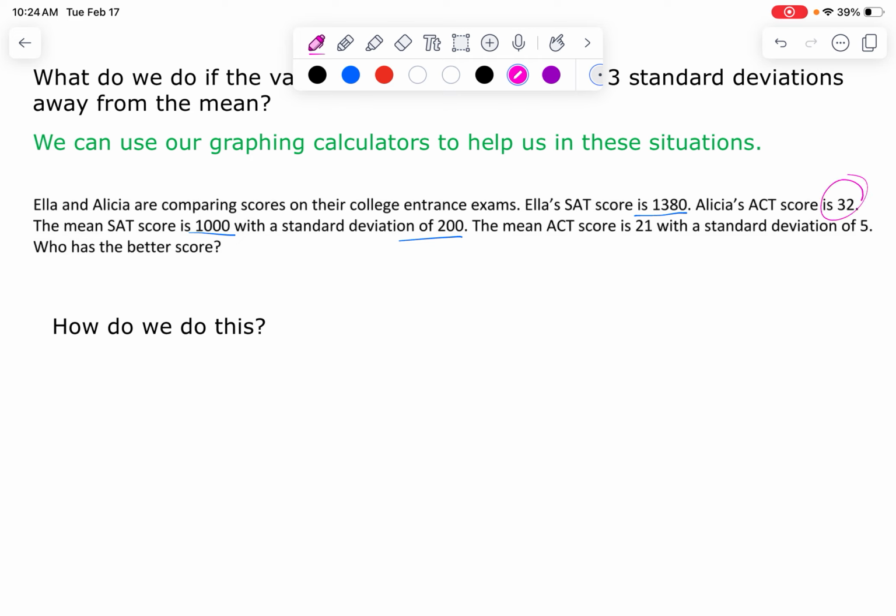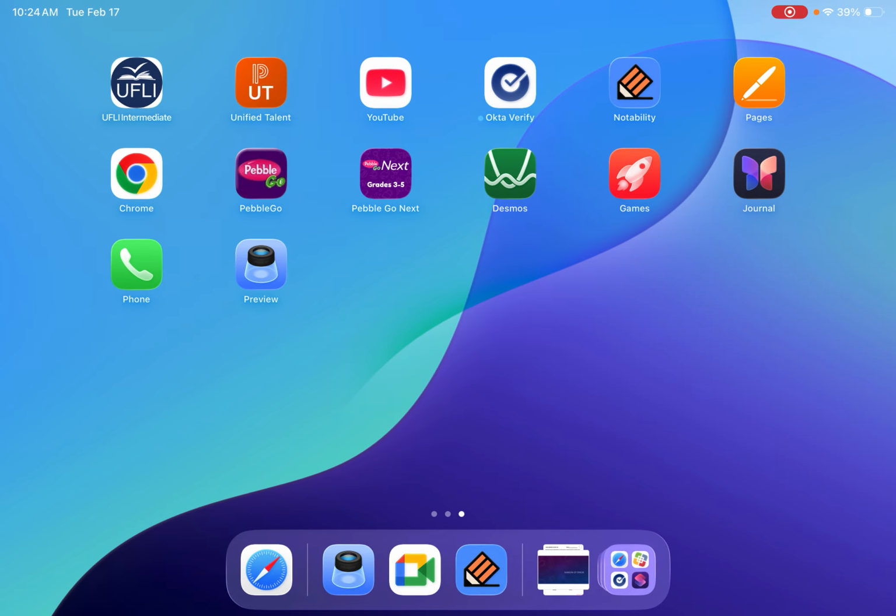For Alicia, we're going to do a 32 as the upper bound, and then the mean and standard deviation. Again, they don't give us a range. If they do, you can do that as your min, or your lower is what they call it, and your upper. But we don't have that, so we're just going to go.